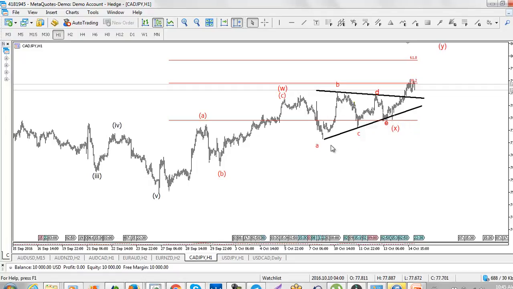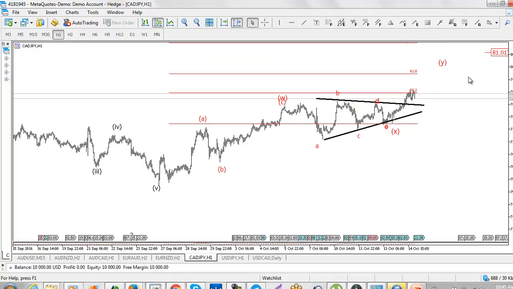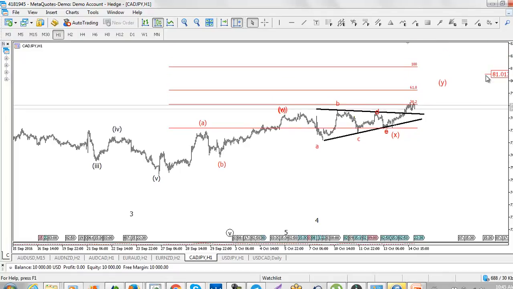It was a contracting triangle, A, B, C, D, E, and look at it, price broke above the triangle. So we're expecting price to get to probably the 81 price region, or probably around 81.4, 81.5, before we could see a move downside.